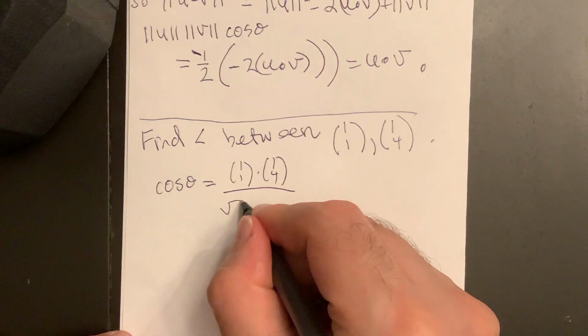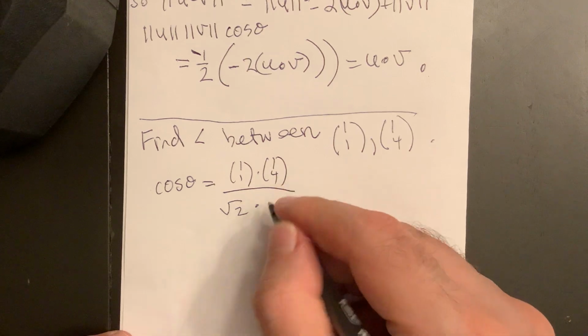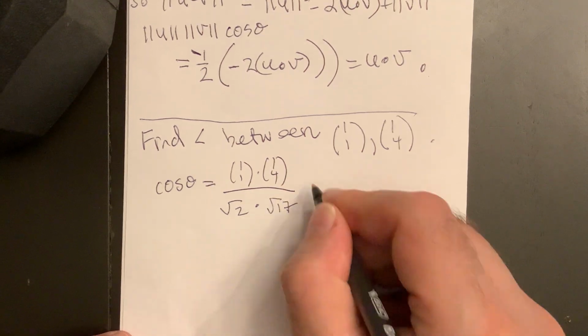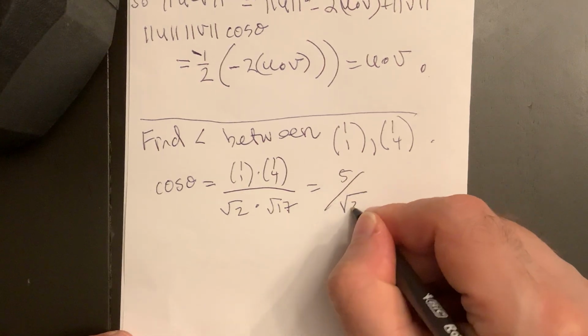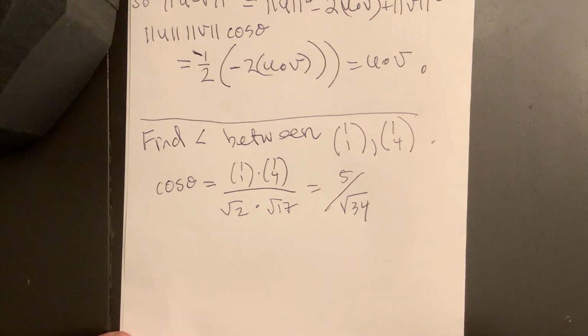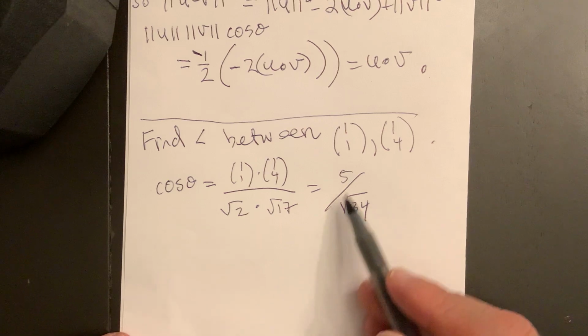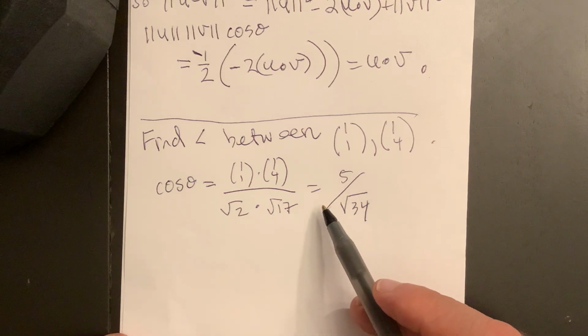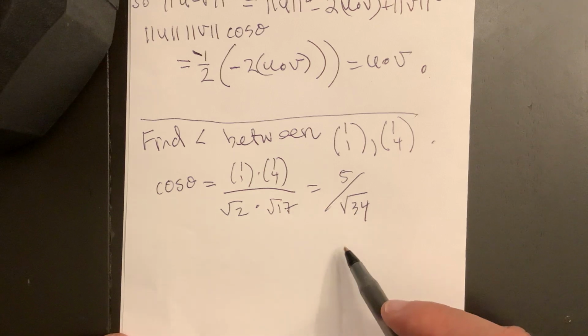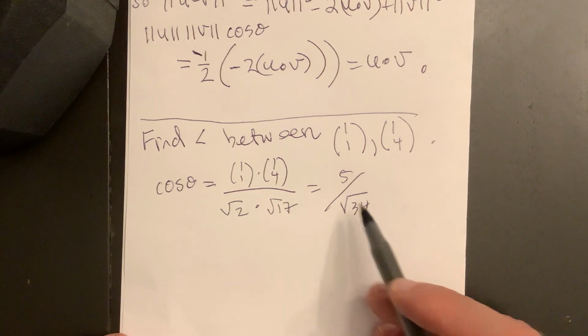So that's square root of 2 times square root of 17. So I get 5 over square root 34. And this is some number between 0 and 1. So I know the angle is between 0 and 90 degrees, and I could look this up.